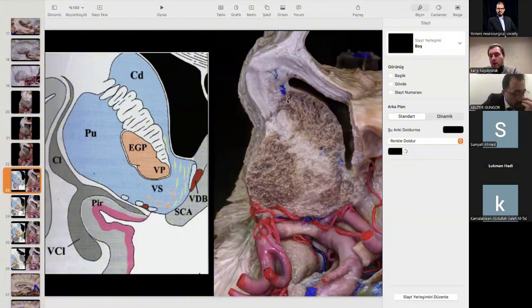So this is the posterior part of the head of the caudate nucleus, which will begin to be the body of the caudate nucleus. This is the lentiform nucleus here. Laterally it's putamen and medially it's globus pallidus. This is the anterior commissure we already talked about, and beneath the anterior commissure, the structure is called the nucleus accumbens.